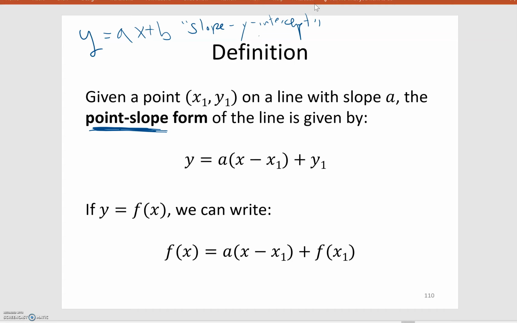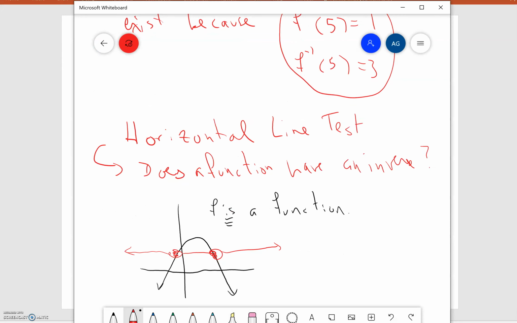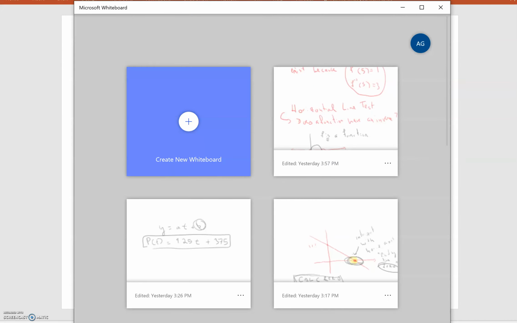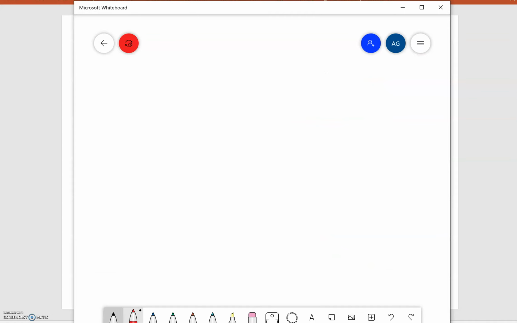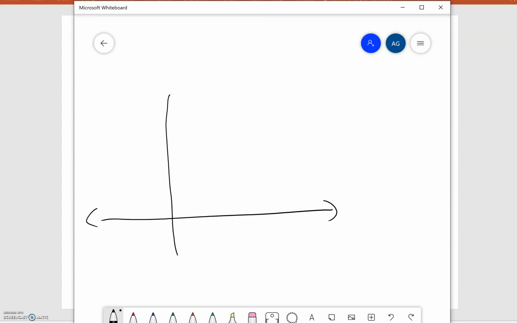So let's talk about what all these symbols mean. Let me actually draw a picture. I think that will be a good way to motivate this expression. So here we have an xy axis. And let's say we have some point here. This is a particular point, and it's going to have the coordinates x1 and y1.